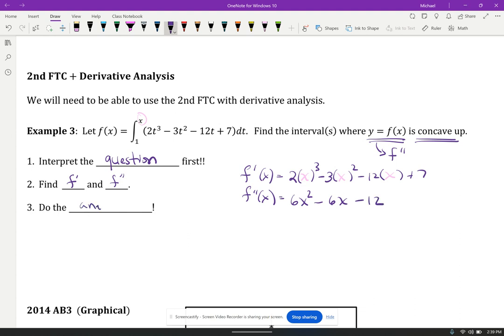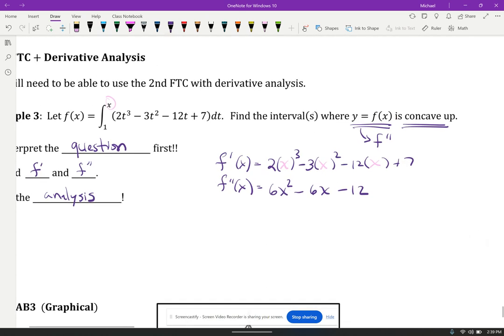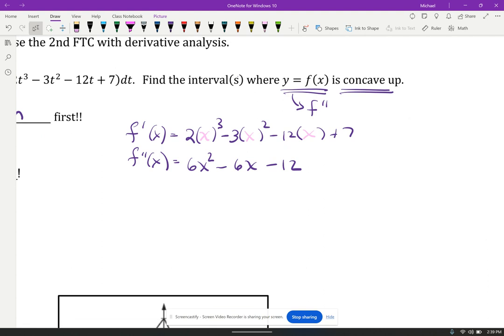Now do the analysis. How do we figure out whether something is concave up or concave down? Well, I have to figure out where the second derivative is equal to 0 and then test points. So I'm going to set the second derivative equal to 0. While I do that, I'm going to factor out a 6 from all of these to make my numbers a little bit easier to work with.